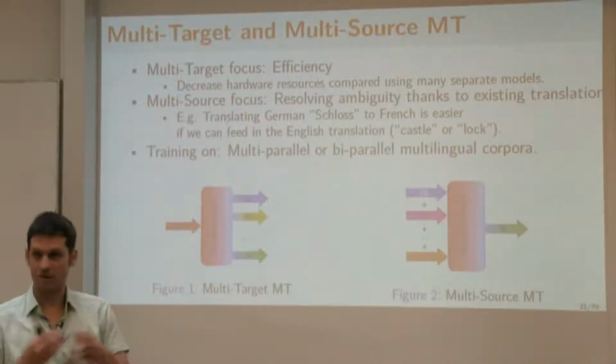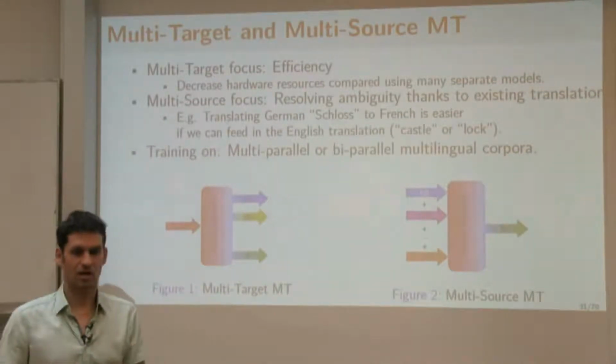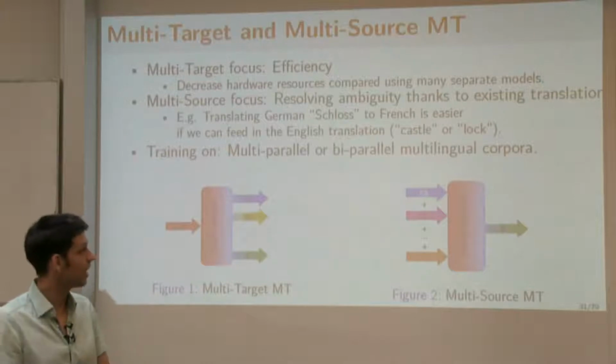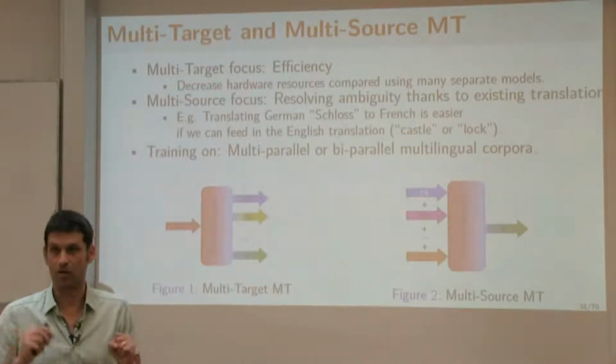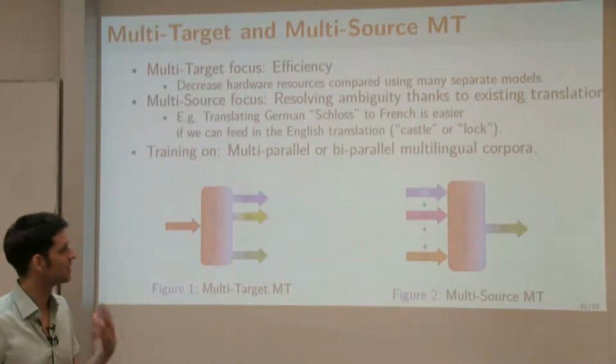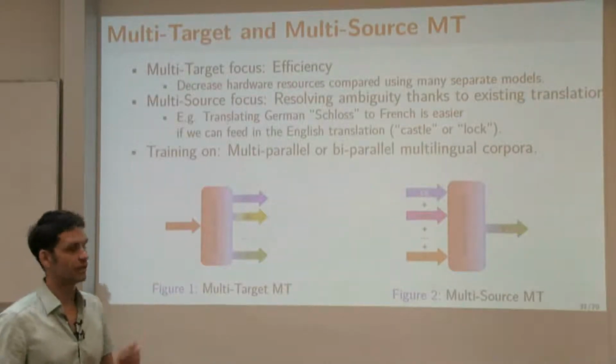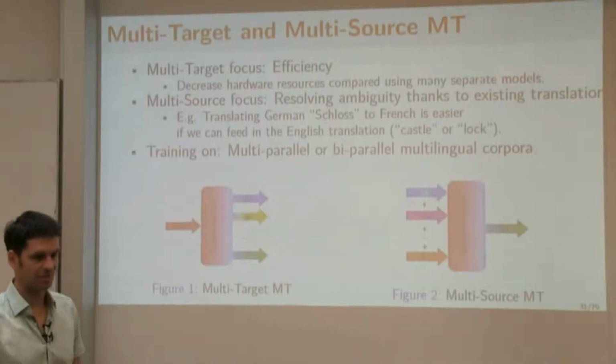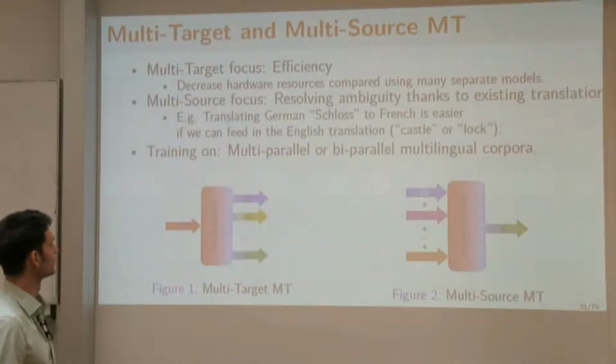The word Schloss is ambiguous. In French, you have to make a choice, either it is a castle or it is a lock. And if someone did this disambiguation for you, then you can already pick up this information from the English.